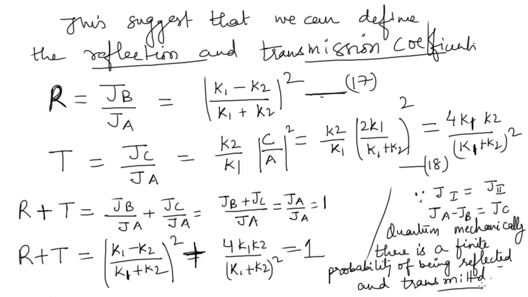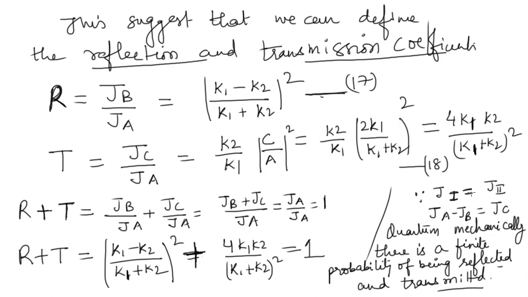This I have claimed in the first slide, in which I have proved and showed you that indeed this is true. And the sum of R and T should be equal to 1. This again comes from the current conservation, that current is conserved.